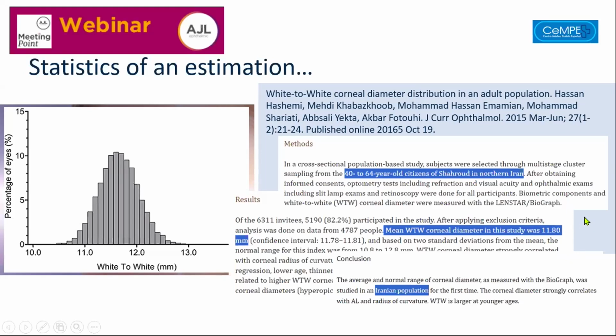For example, in my environment in Spain, I don't have Iranian people, so basing my measurements on this study for sure will bring some differences. So pay attention to the ethnicity of your patient's population.